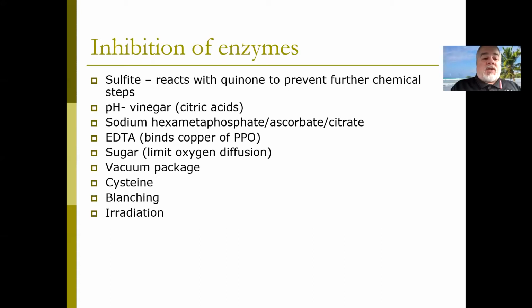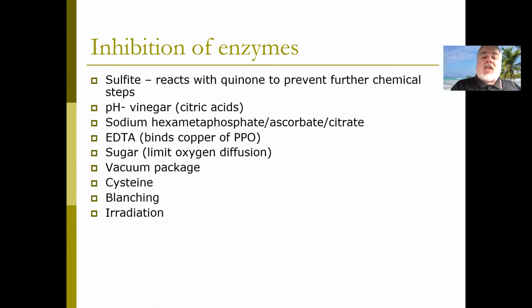Inhibition of enzymes, some things that you should know. Sulfite, I've talked about that before, but it stops certain reactions, especially oxidative reactions. And so sulfite is used to keep white wines clear.